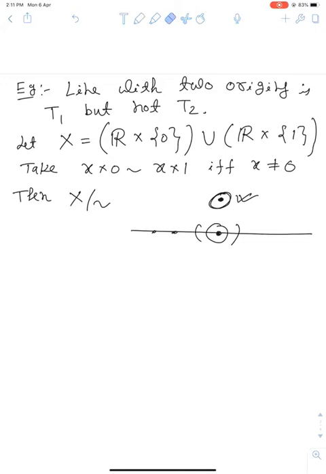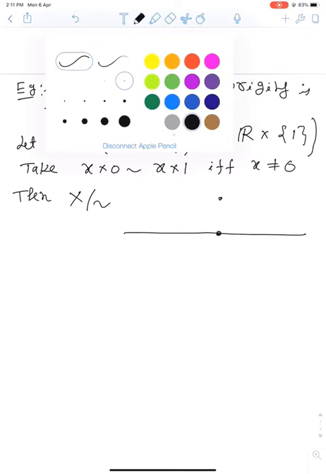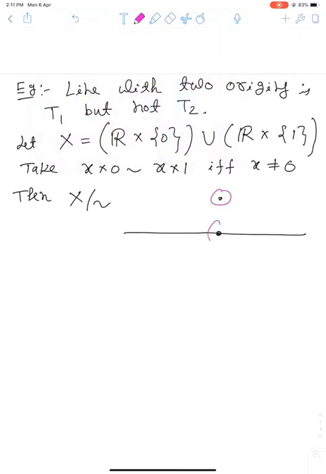Why? Because of these 2 points, right? Now if we choose any open set containing this point, then it will be this kind of open neighborhood.